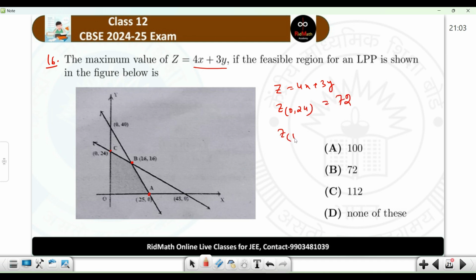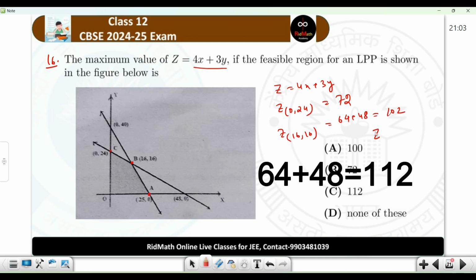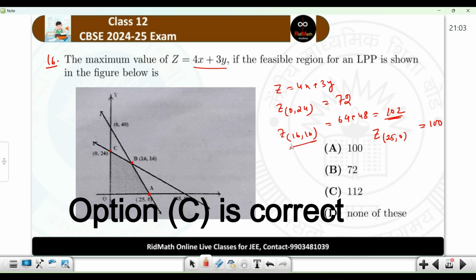At 16 comma 16, this is equal to 64 plus 48, that is 112. And at 25 comma 0, this is 4 into 25, 100. So z max is 102 and it is attained at the 16 comma 16 point, and the value of it is 102. That means none of the options is correct.